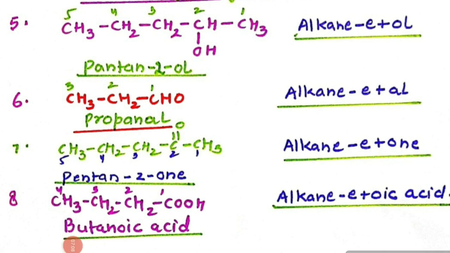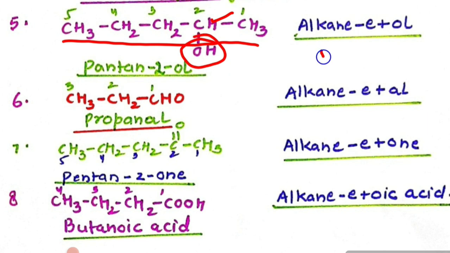a functional group containing alcohol. It means the compound containing another functional group that is nothing but alcohol. Now here also you have to select the longest chain containing that carbon atom on which this functional group is located, and it is named in the format alkane minus E plus OL.